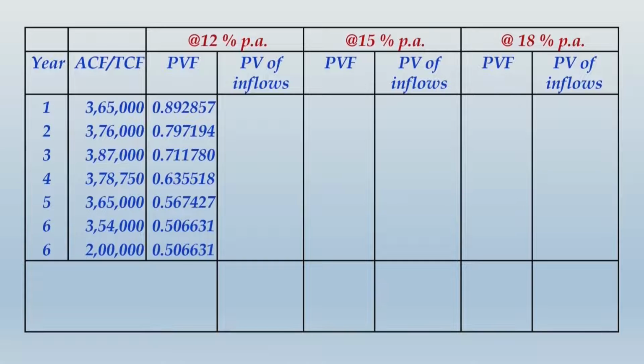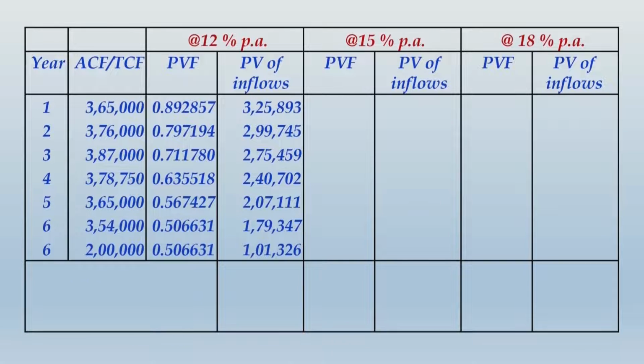So when you multiply the amounts of cash flows by their respective present value factors, you will get the amount of present value of inflows, and when you sum it up, you will get the total present value of cash inflows, which comes to 16,29,583.